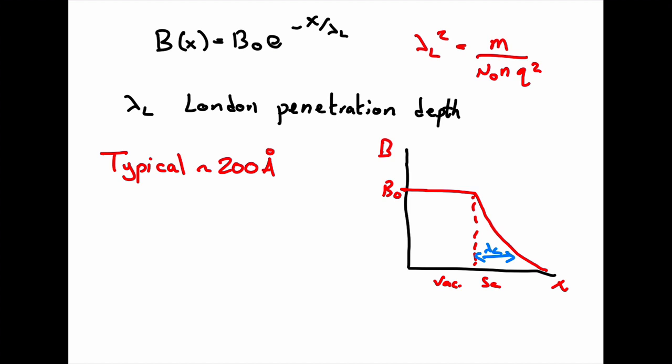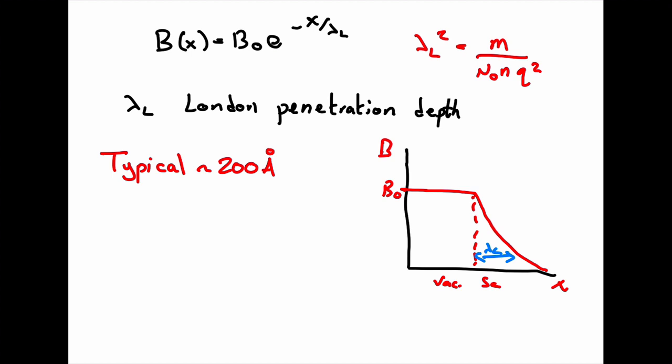So as long as our object is macroscopic, is fairly big, the B field will be 0 through most of the bulk. The magnetic field will just be confined to this small region around the surface.